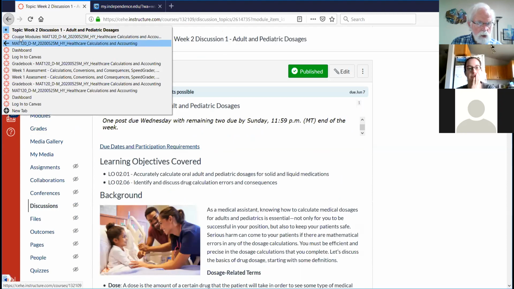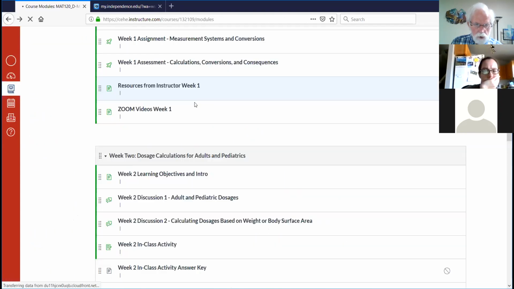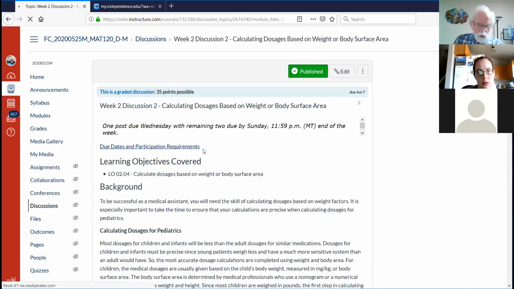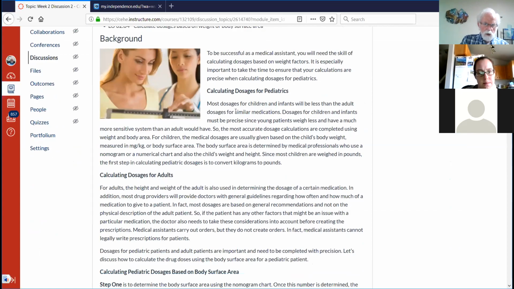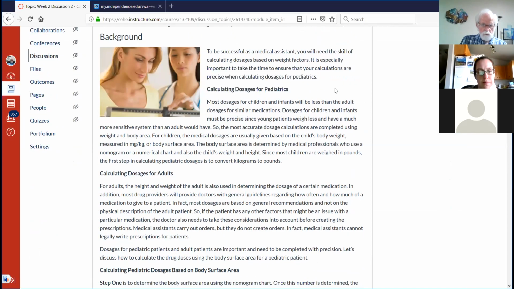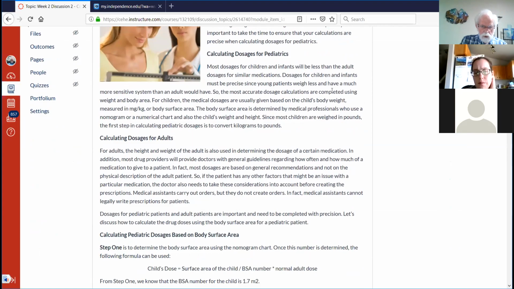Let's take a look at discussion 2. Here is where we're looking at calculating dosages for both adults and pediatric patients. Let me also make clear, we'll get into some of this at another time as well.